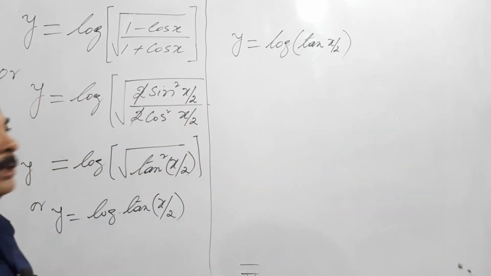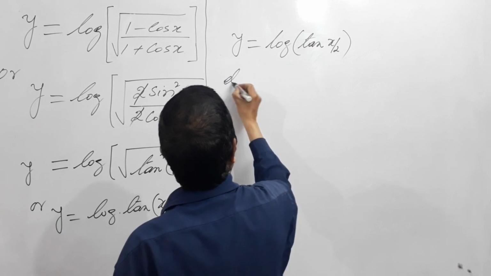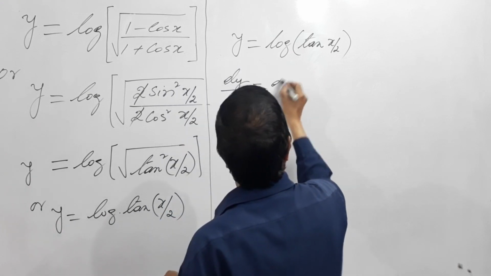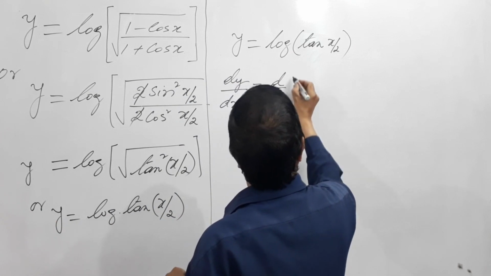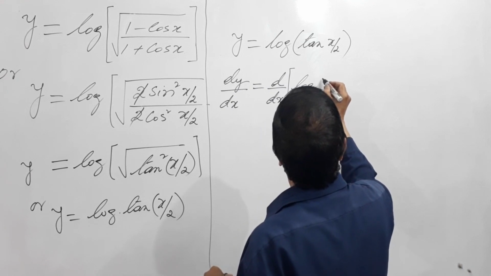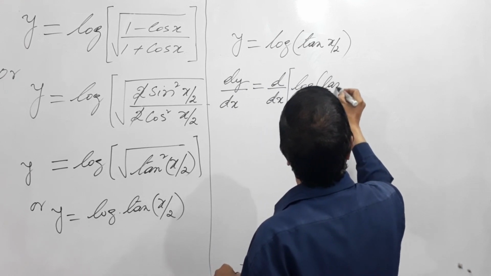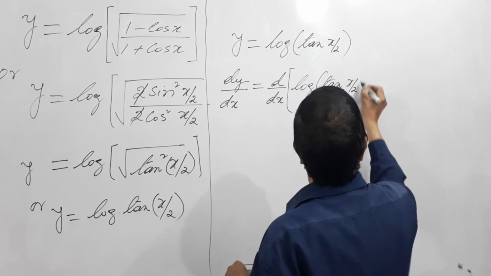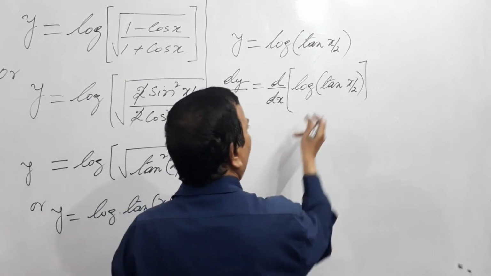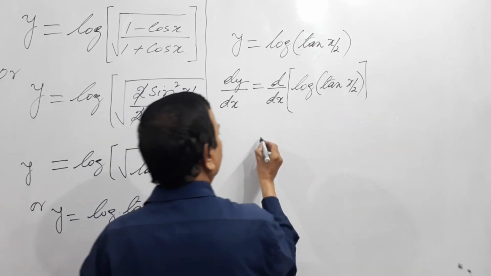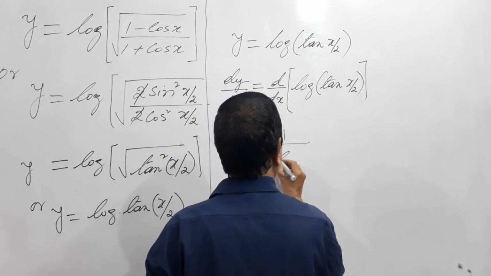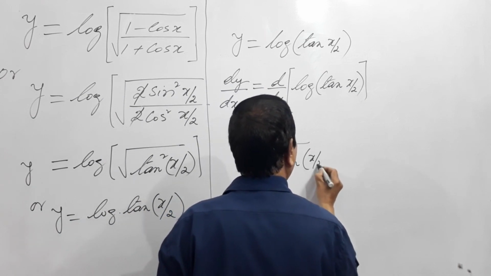So differentiating this, dy by dx equals d by dx of log tan x by 2. So if you differentiate log tan x by 2, what do you get? This is 1 by tan of x by 2.